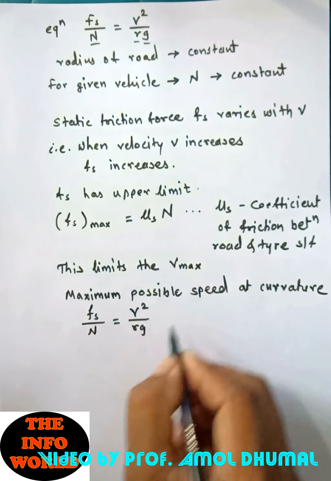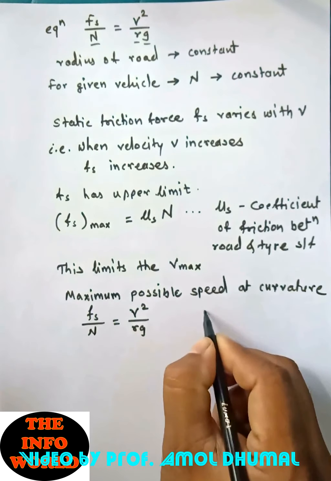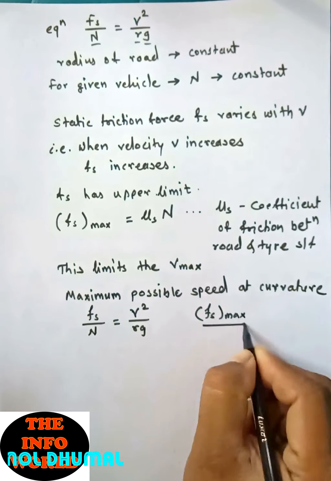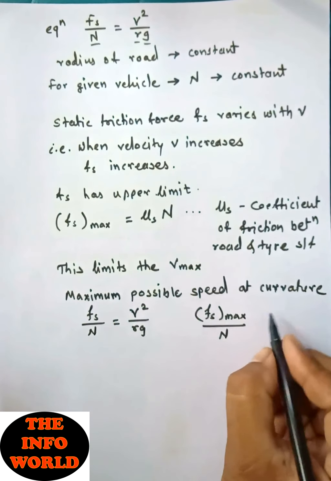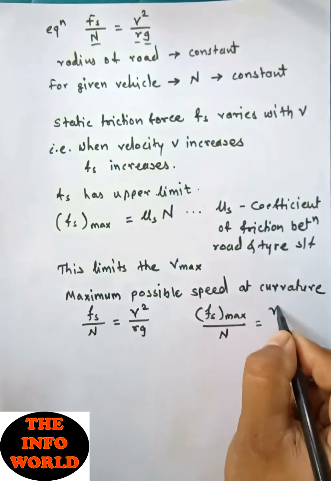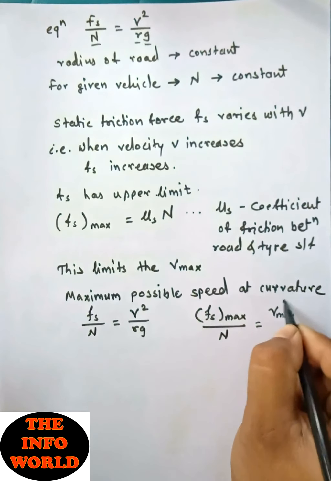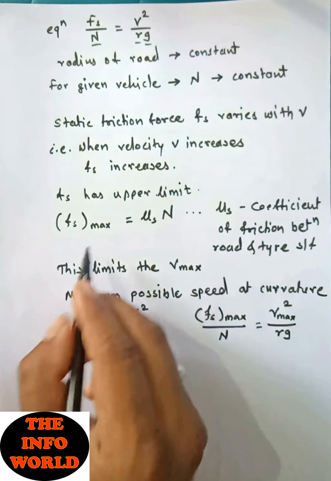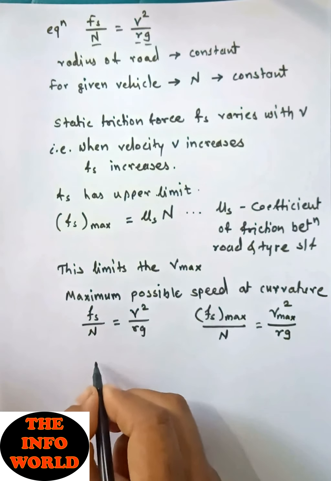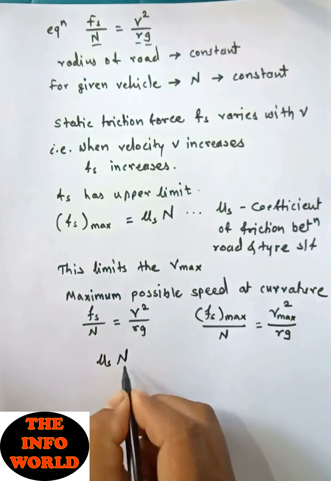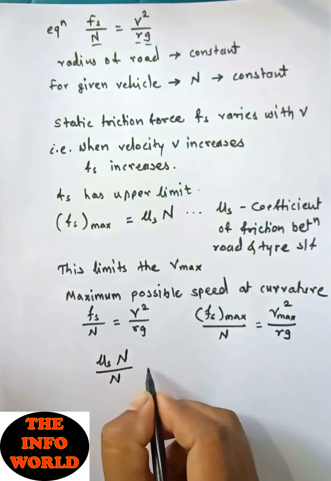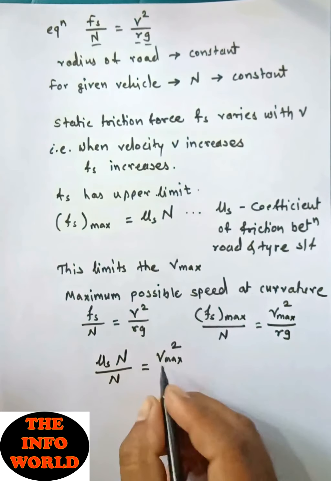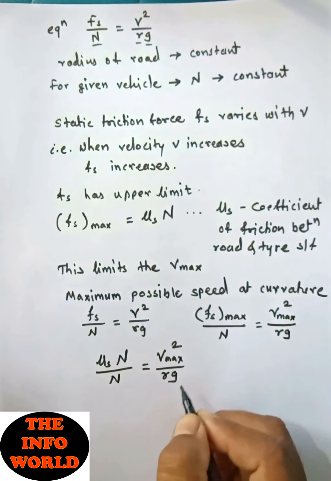So in this we put the value: Fs max upon n is equal to v max square upon rg. The Fs max is mu s into n, so mu s into n divided by n is equal to v max square upon rg.